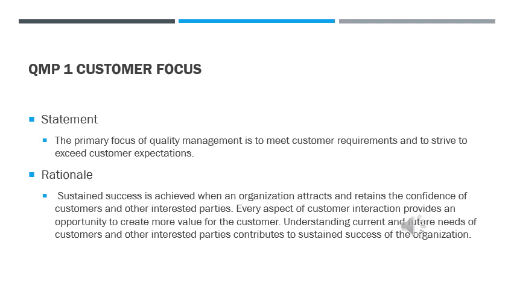Every aspect of customer interaction provides an opportunity to create more value for the customer. Understanding current and future needs of customers and other interested parties contributes to sustained success of the organization.